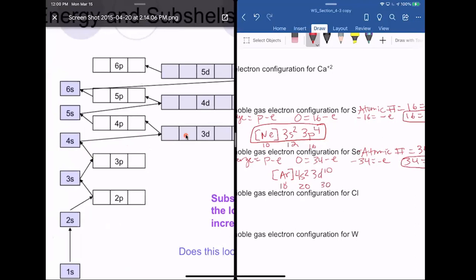That would be 30. After 3d, we have 4p, and we just need 4 more. So it would be 4p4. That would give us 34.